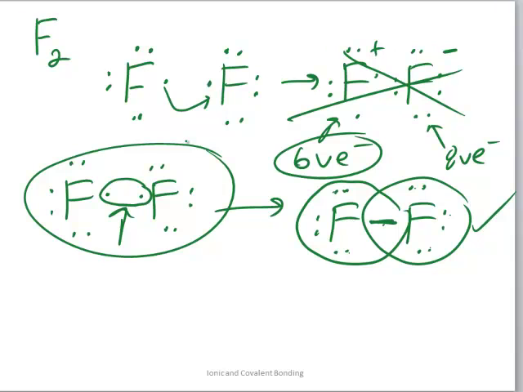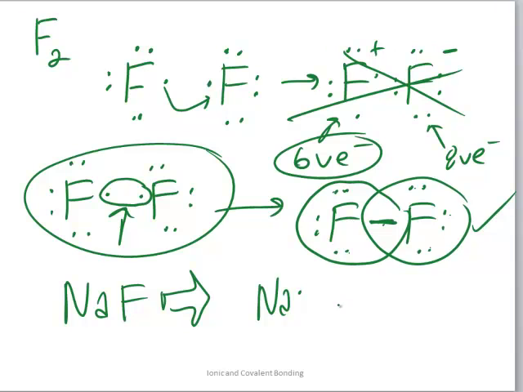Okay? What about something like sodium fluoride, NaF? We know that sodium has 1 valence electron, and fluorine, of course, has 7.